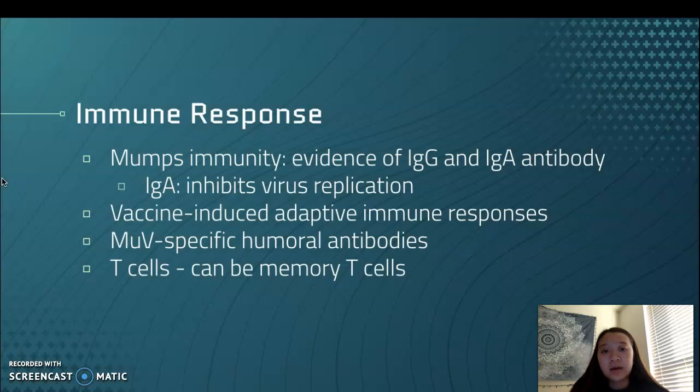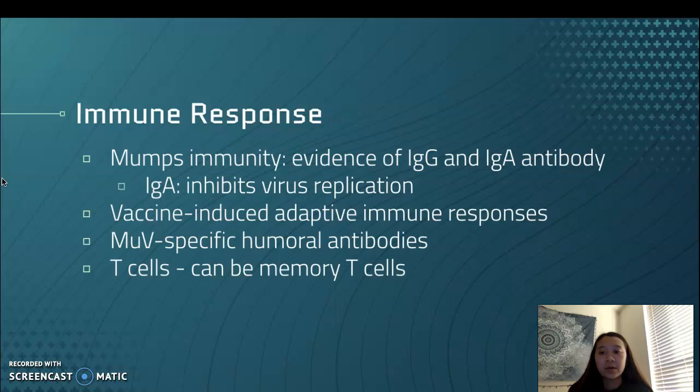There's strong evidence of IgG and IgA antibodies in your immune system, and IgA inhibits viral replication. And also, again, the vaccine induces adaptive immune responses so that your body can combat this virus. There are MUV-specific humoral antibodies in your system, whose main role is to detect the virus in the bloodstream.